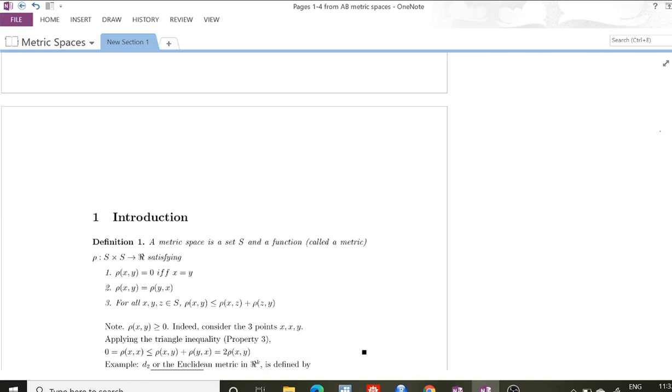The second property is symmetry, that rho of xy is exactly rho of yx. And the third property is what is known as the triangle inequality, that for every triple of points x, y, and z, rho of xy is less than or equal to rho of xz plus rho of zy.